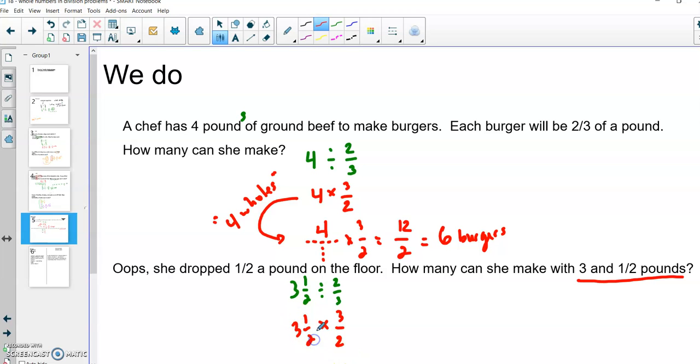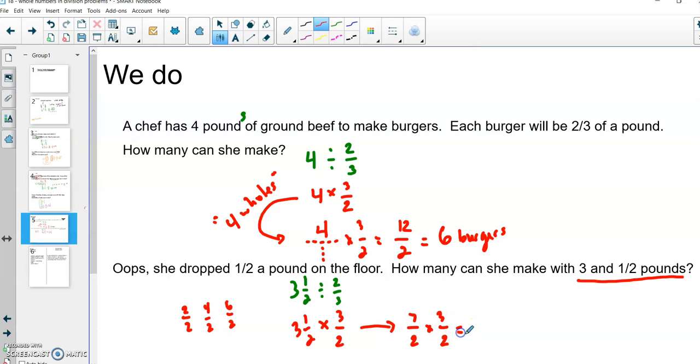I don't have a strategy to multiply 3.5 by 3/2. So I'm going to have to change that first mixed number into a fraction. So 2/2 makes 1, 4/2 makes 2, 6/2 makes 3. There's my 3. Plus 1 more half. That's going to be 7/2 times 3/2.